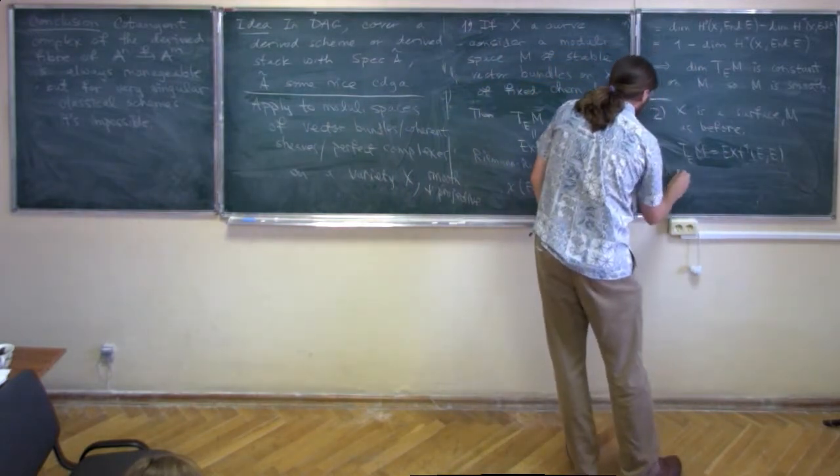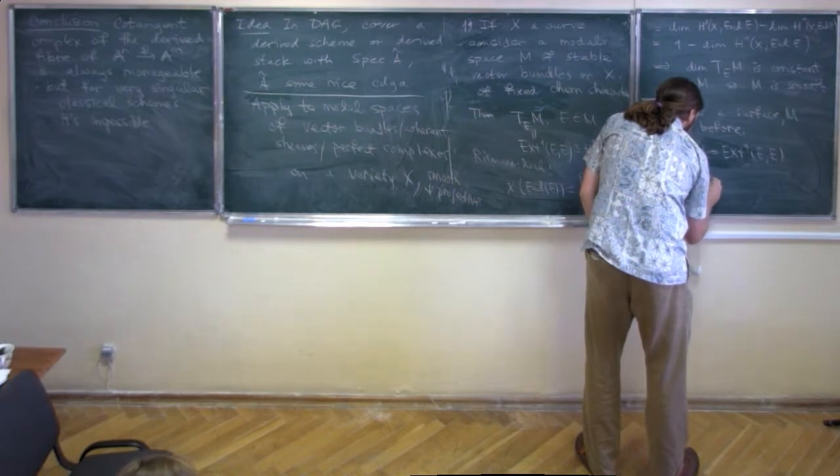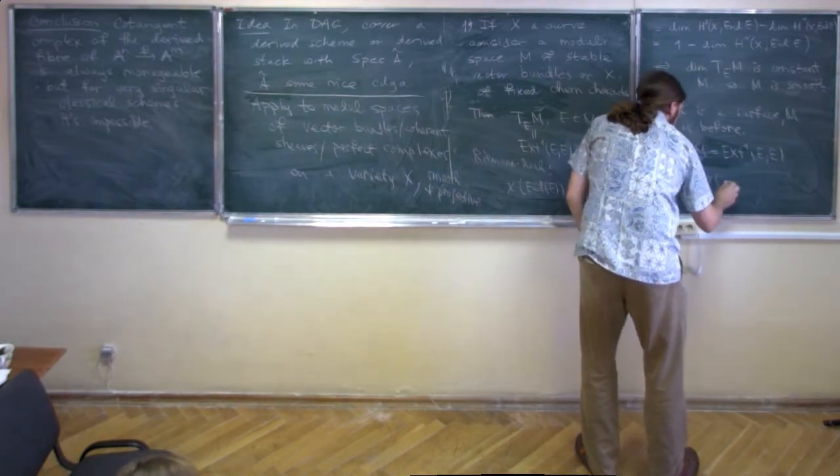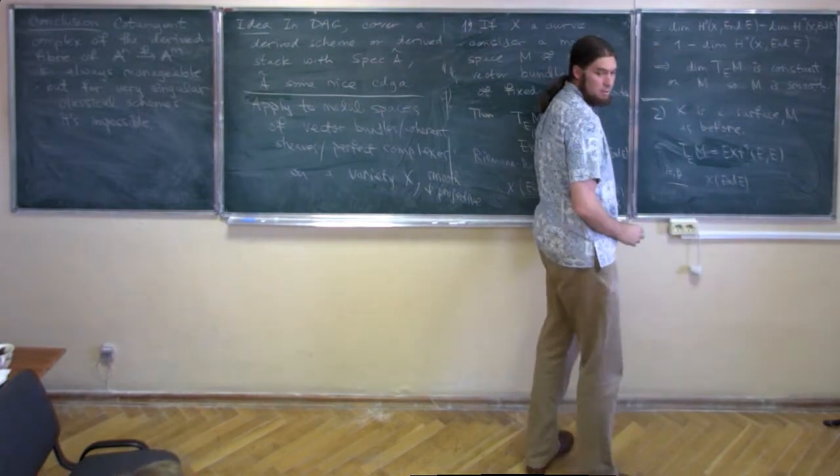So Riemann-Roch says, well, maybe I don't know the dimension of Ext1, but I know the alternating sum of dimensions of Ext groups.